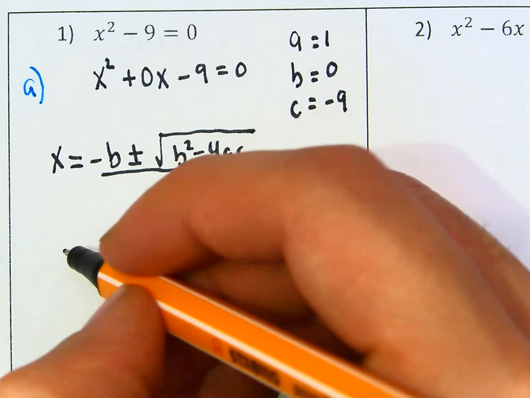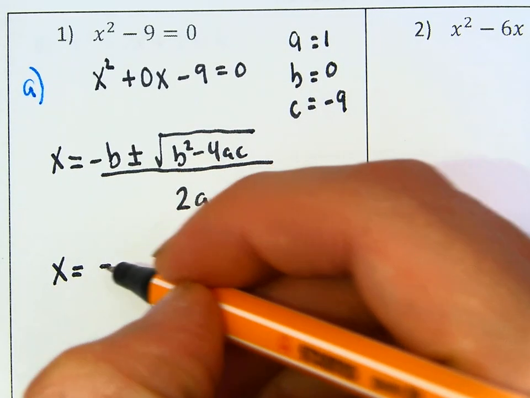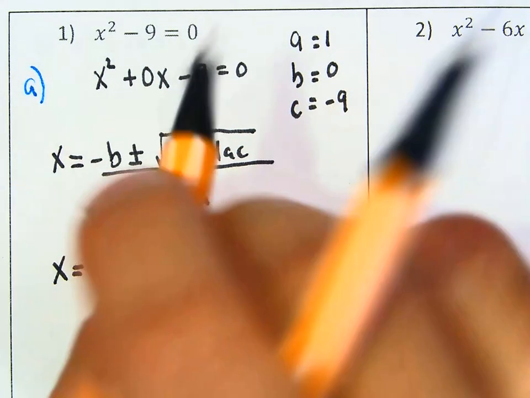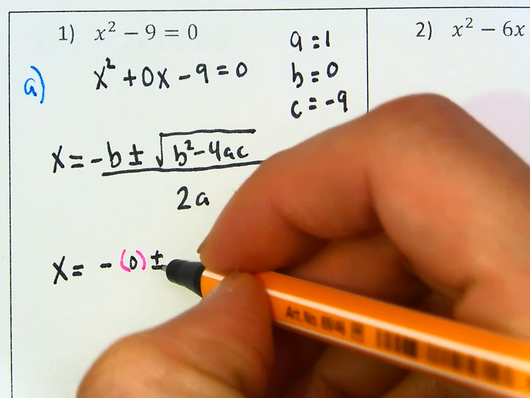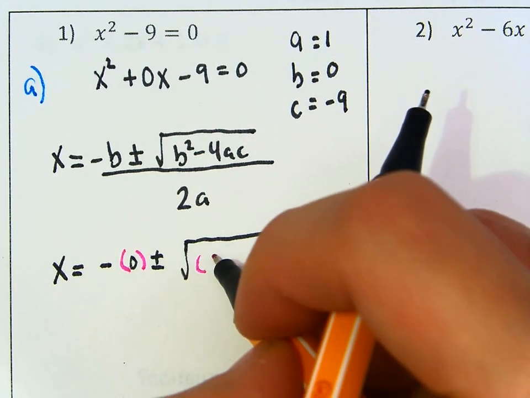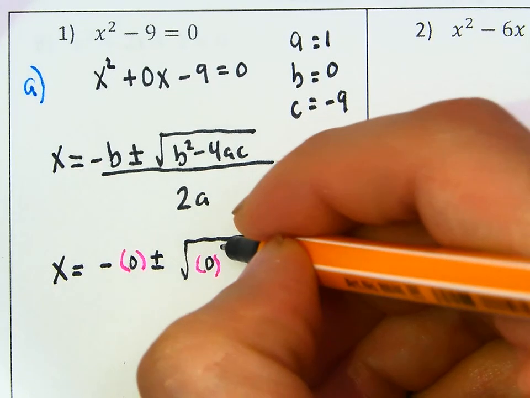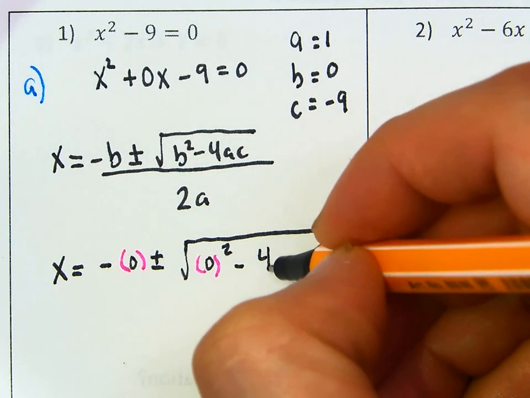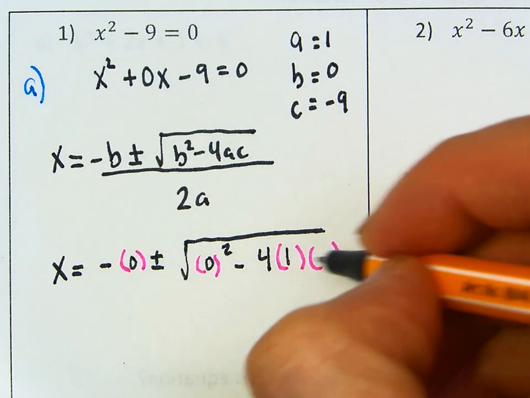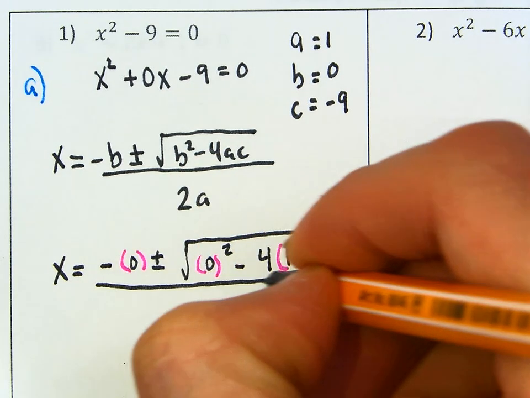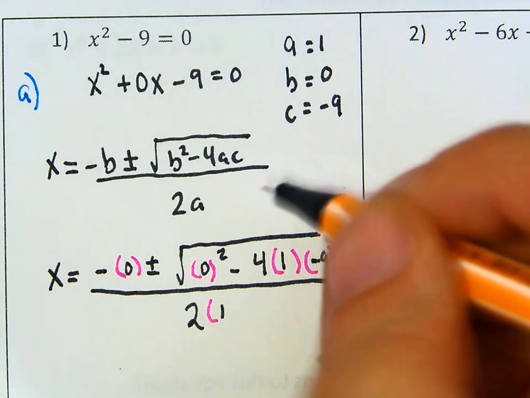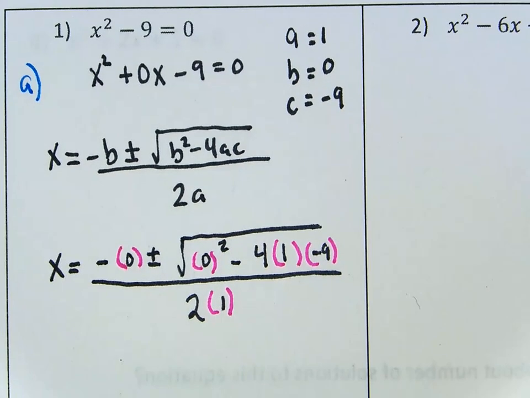Well, let's follow. x equals negative, parentheses, because we're going to substitute the b, which is 0, plus or minus the square root of 0 squared minus 4 times a times c. So what is a? This is 1 and this is minus 9, all over 2 times 1.